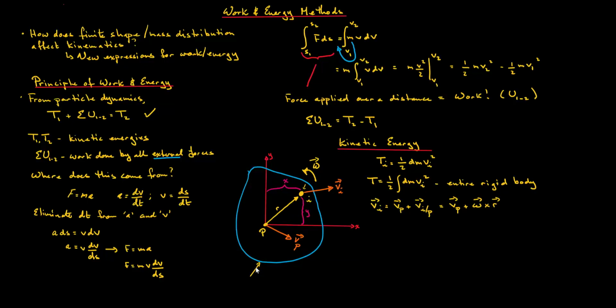This will be omega cross r, where r is r of i with respect to P, which is simply this position vector over here.